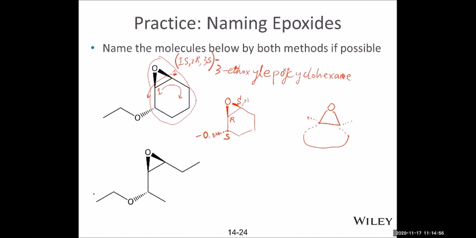But for this one, yes, we can use both ways. This will be the oxirane. We can either find the parent and name that. The parent will be the epoxy hexane.